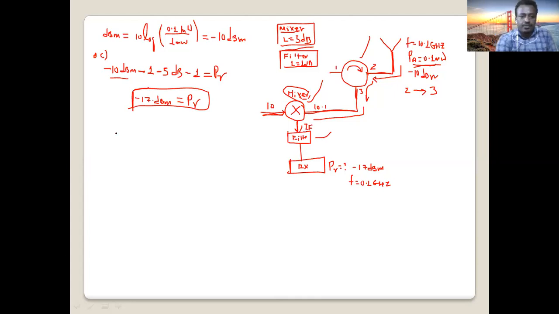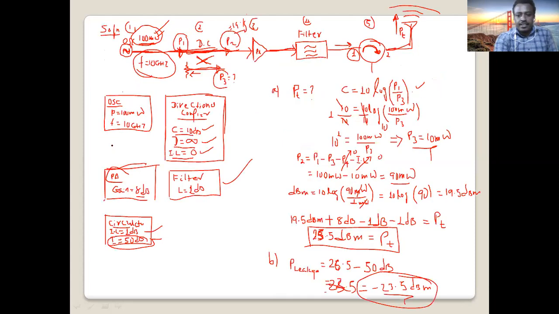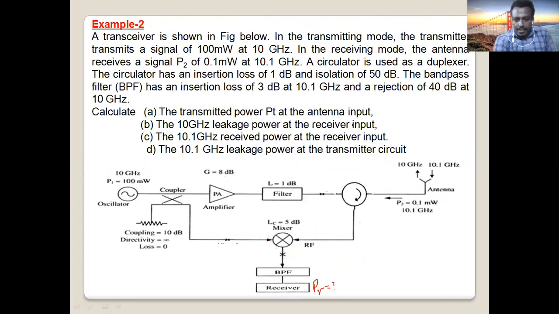Okay. Now finally, if the antenna receives a signal and it comes here, is there a chance this signal goes to the transmitter side? We don't want that; we need all the signal to go to the receiver side because we are receiving information, right? But there is an unwanted leakage of this 10.1 gigahertz incoming signal into the wrong circuit, the transmitter side.